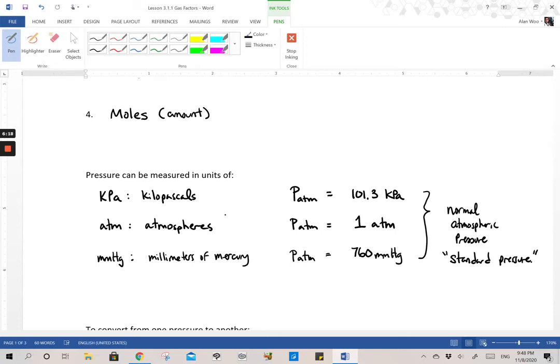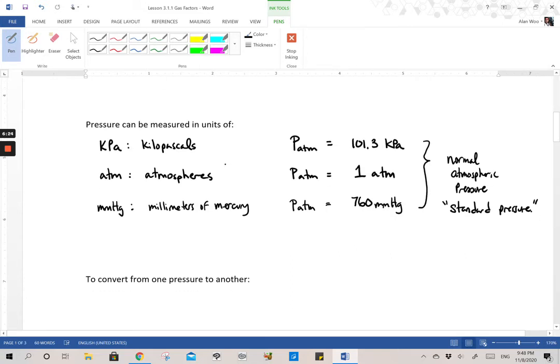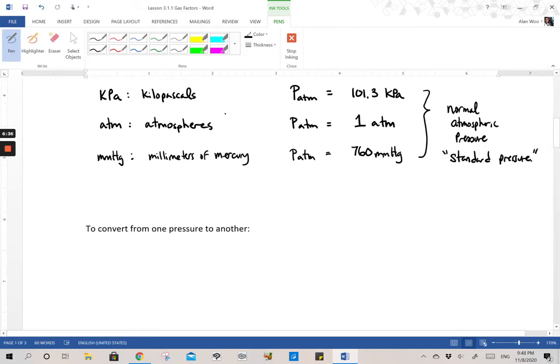For pressure, it's one of these three units. Think of these as conversion factors. If we were to convert from one unit to another, it's not that hard to do. So let's use a very basic example.